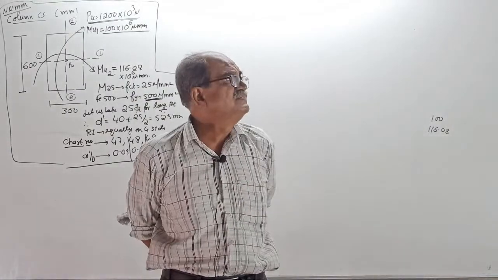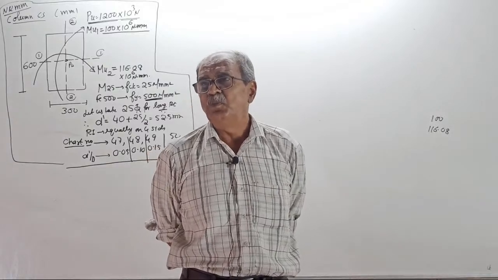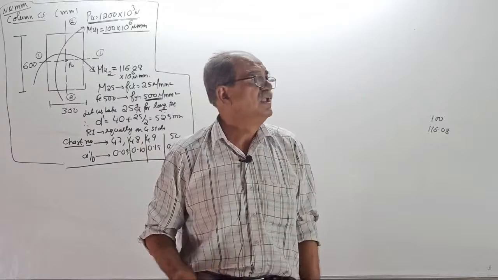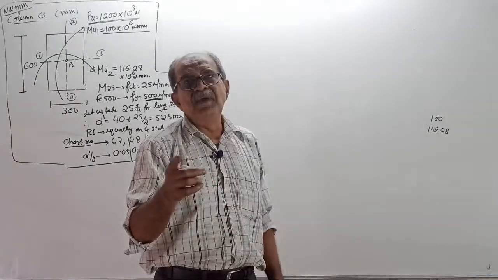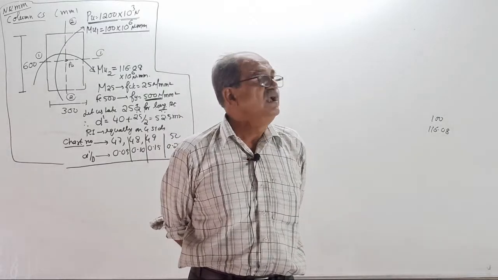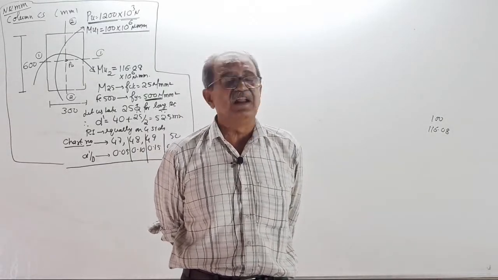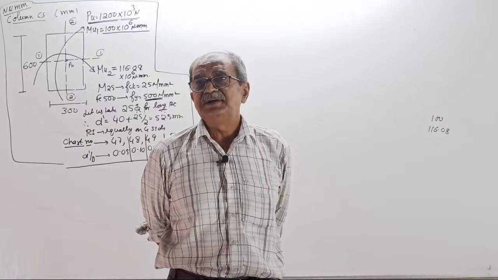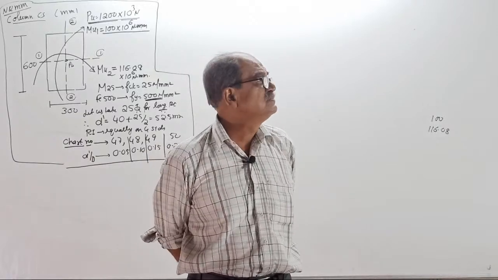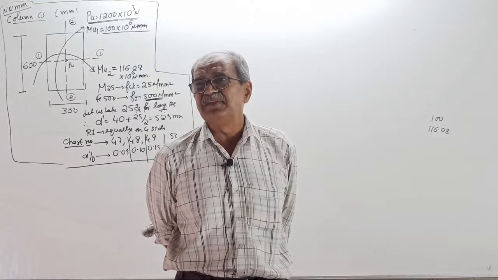You should not give less than 0.8 and not more than 6%, and provide the reinforcement for uniaxial. But when the column is subjected to biaxial bending, the IS code says it is a very lengthy procedure. It involves a trial and error procedure by various neutral axis positions, and so many things are there.